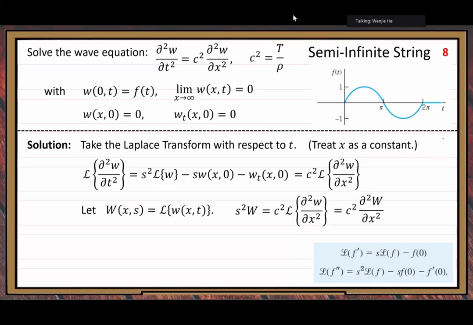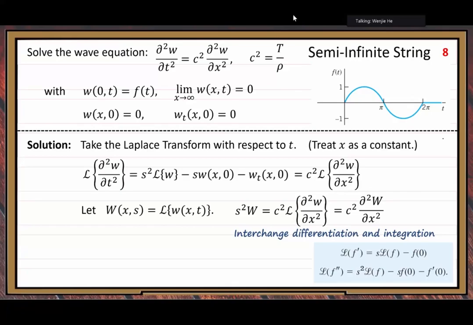So here we need to do this interchange operation, interchanging differentiation and integration. There is a theorem we can apply.